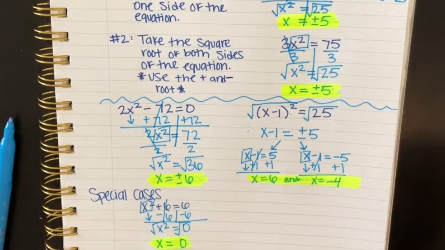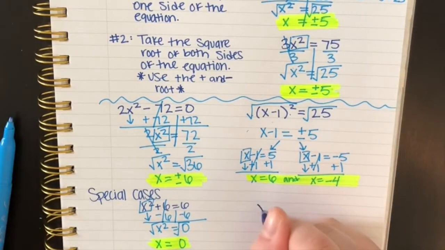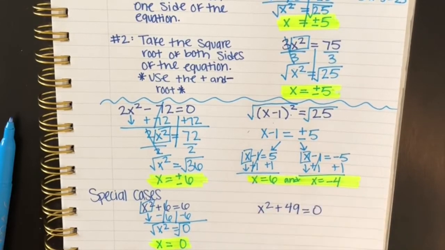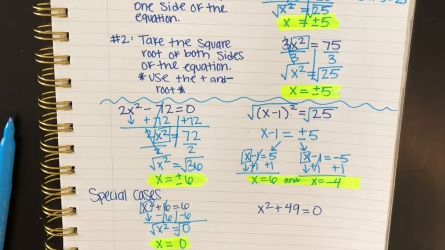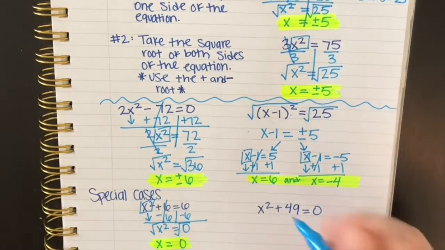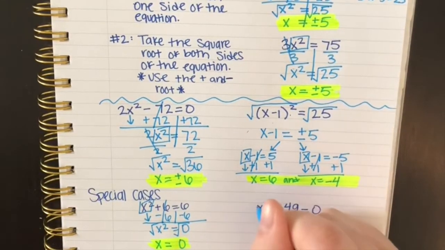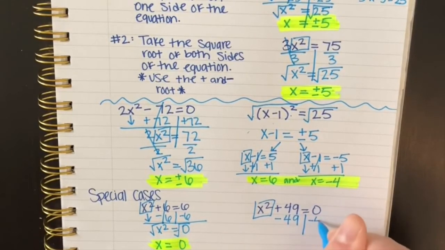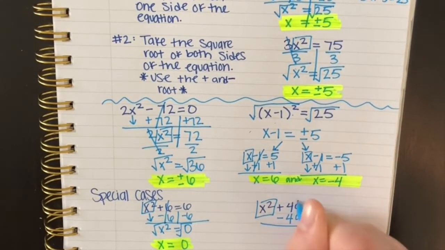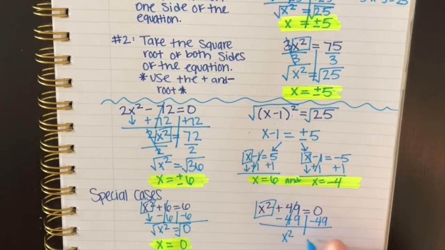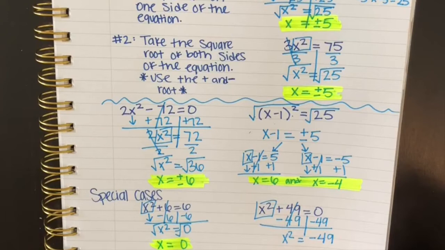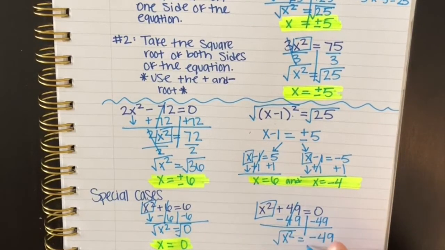Now our other special case, this example is x squared plus 49 equals 0. Step 1 is to isolate x squared. So I'll subtract 49 on both sides. I'll have x squared equals negative 49. Step 2 says to take the square root of both sides. So I square root both sides.